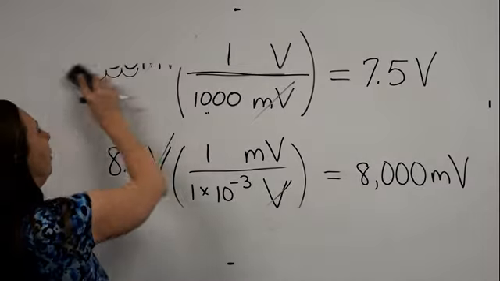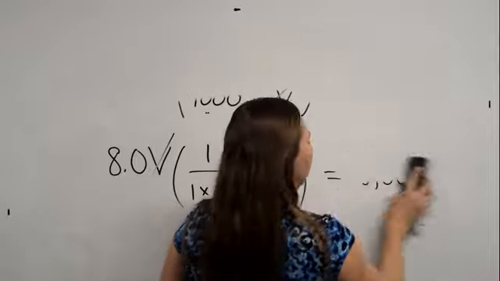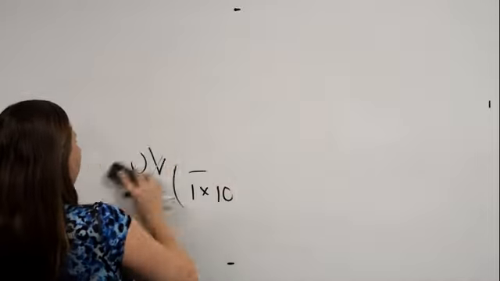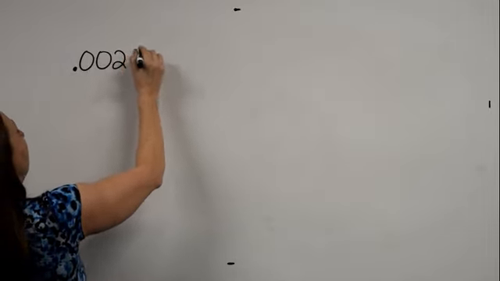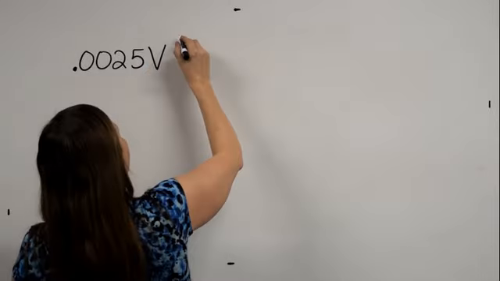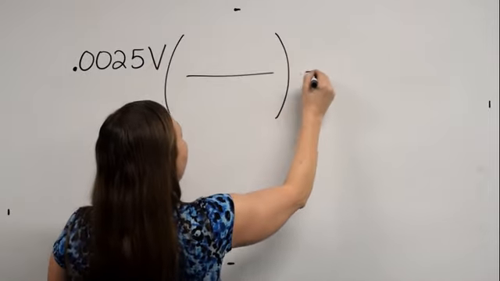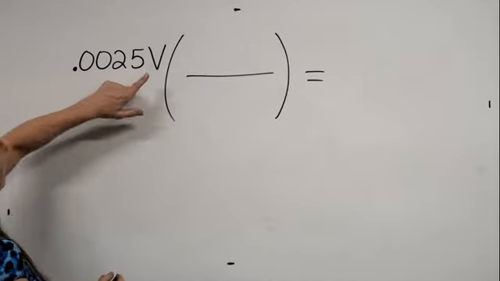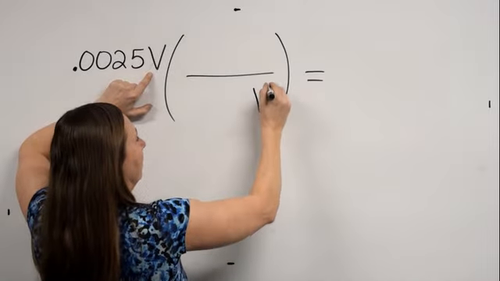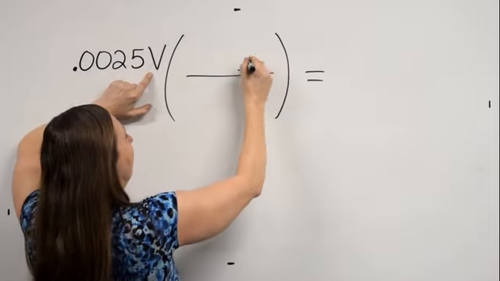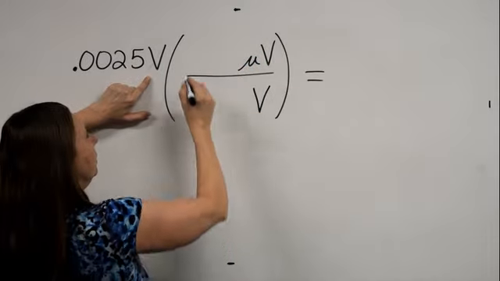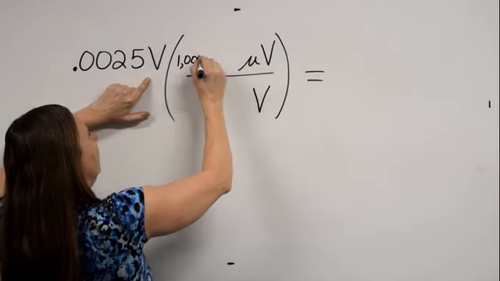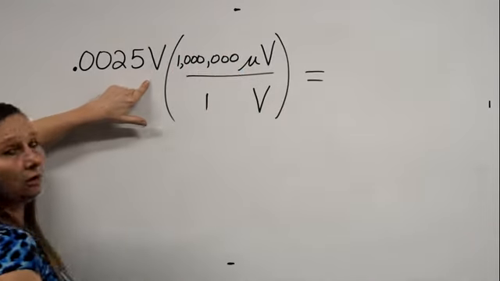How about micro? All right, let's try some microvolts. Let's try 0.0025 volts. Let's convert that to microvolts. Okay, I want to get rid of volts. I want microvolts. Okay, 1 volt equals 1 million microvolts.